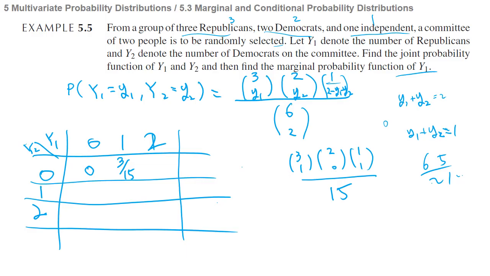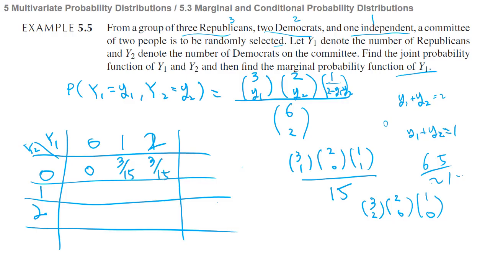Here y1 is 2: 3 choose 2, 2 choose 0, 1 choose 0, which is 3 over 15.